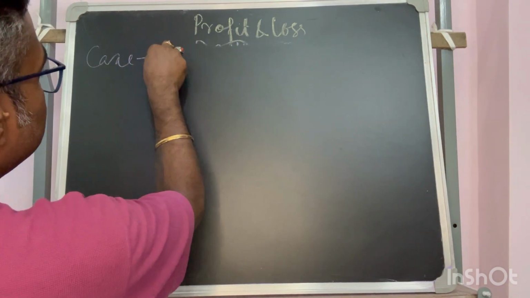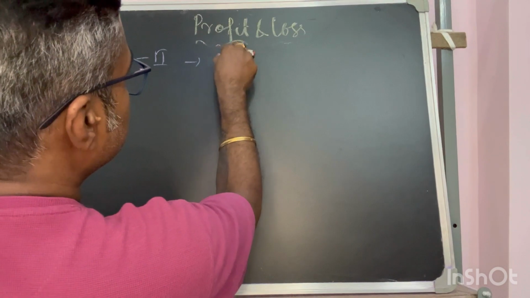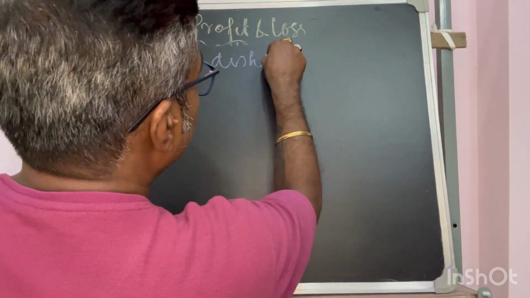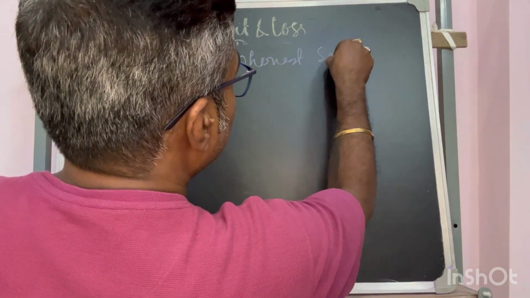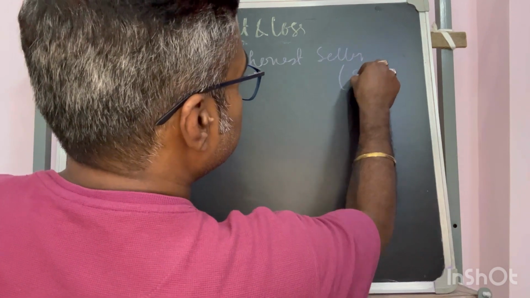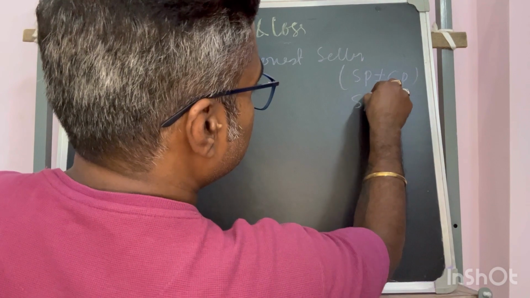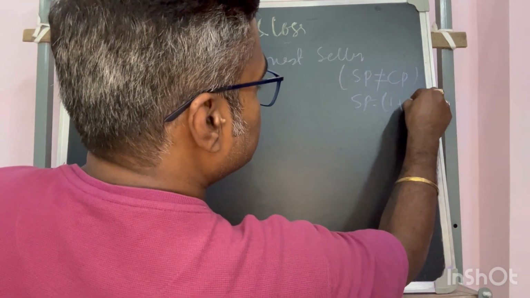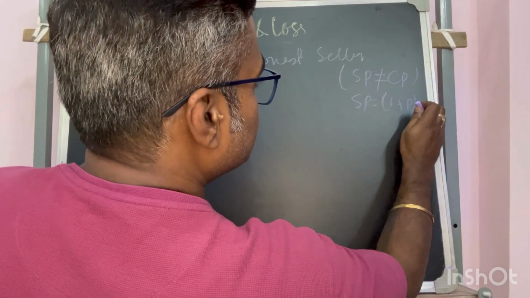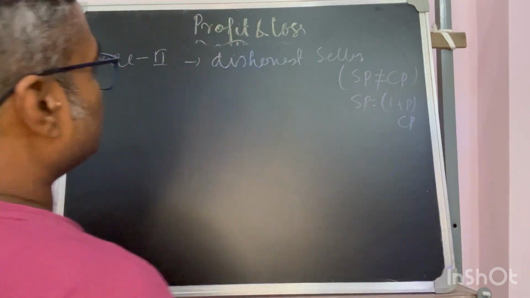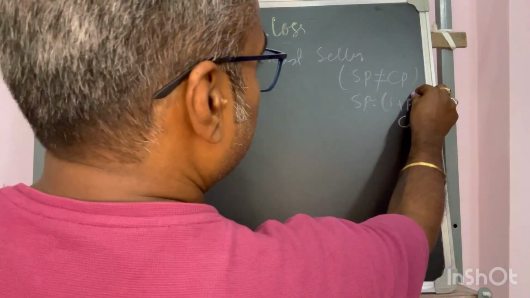Now case 2 on that, this is a dishonest seller. In this case, sales price is not equal to cost price, so that means sales price will be 1 plus profit into the cost price, where this time we are taking this one.